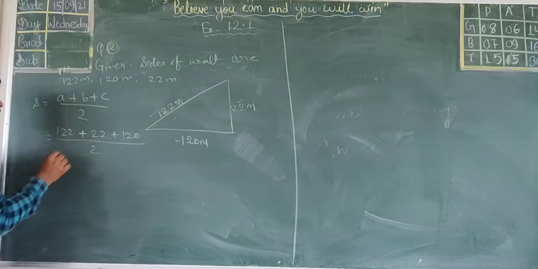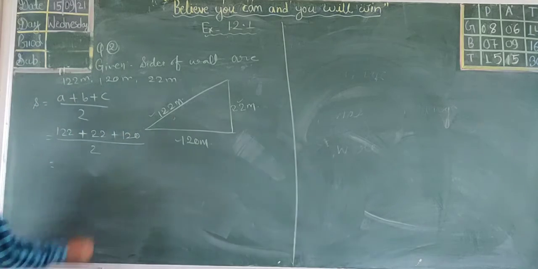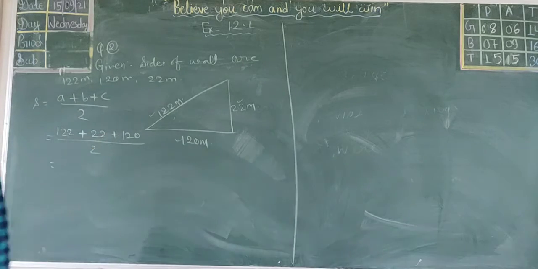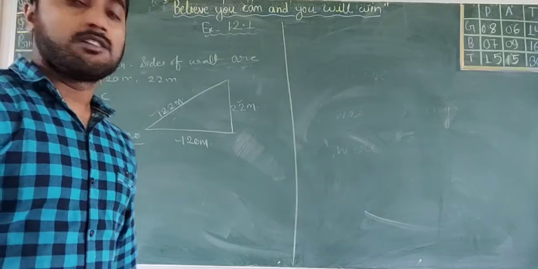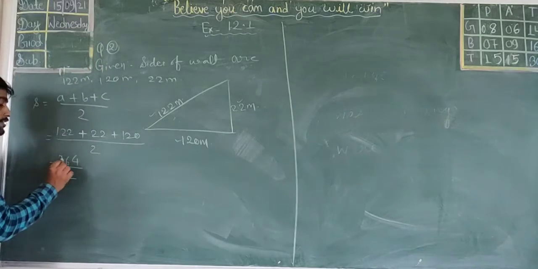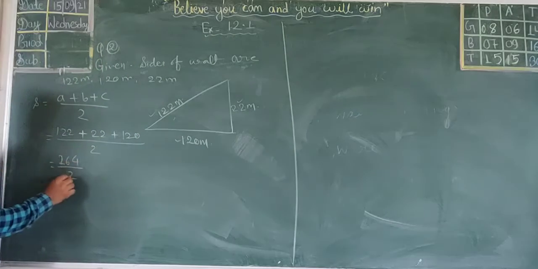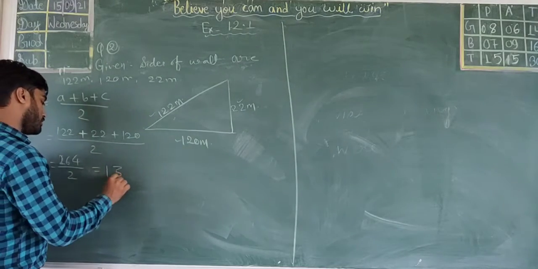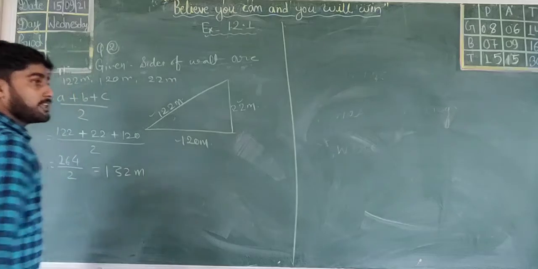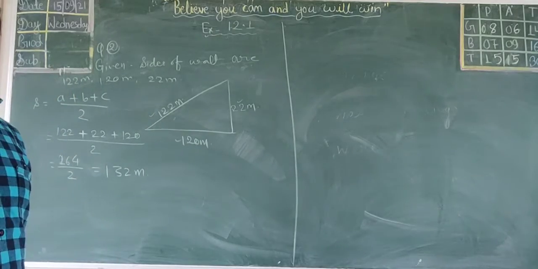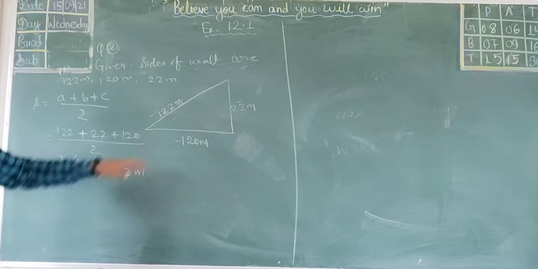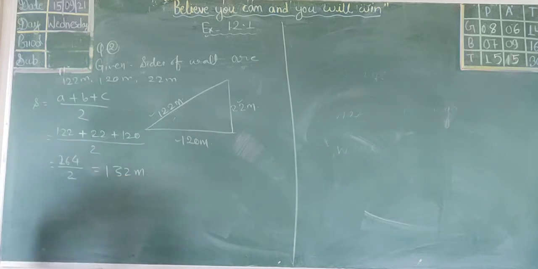Adding all three, we get 264 upon 2, and dividing by 2 we get 132 meters. So the semi-perimeter of that triangular wall is 132 meters.